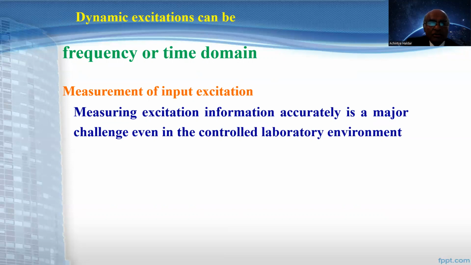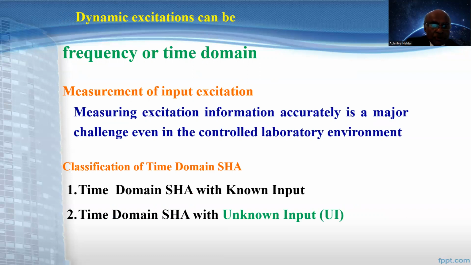So we try to develop an SI technique which does not depend on input excitation. So there could be two alternatives. One is unknown input, another one is known input. We decided to use unknown input.